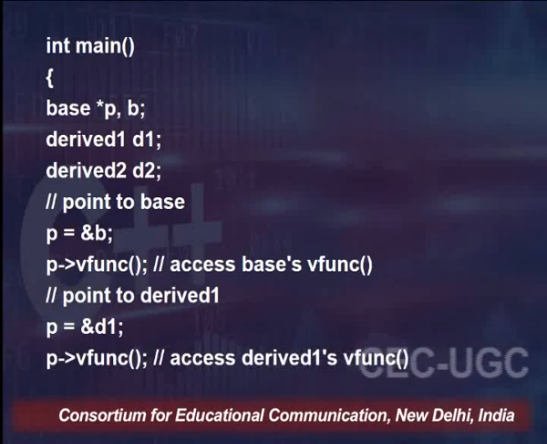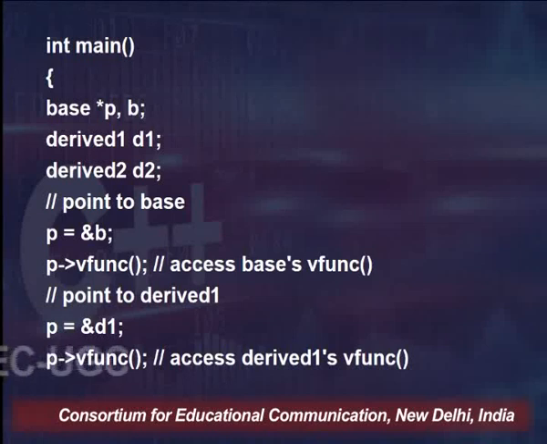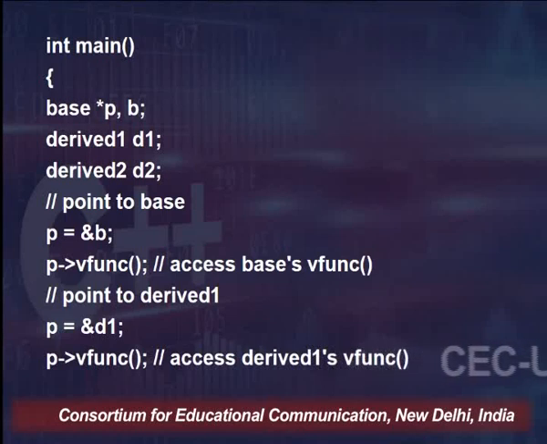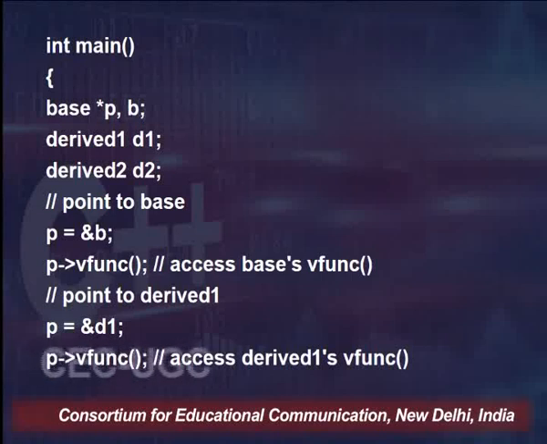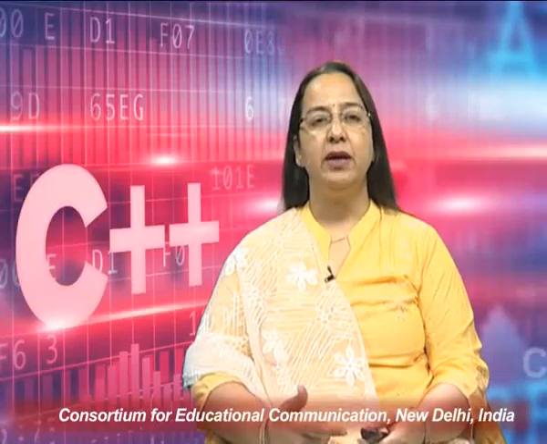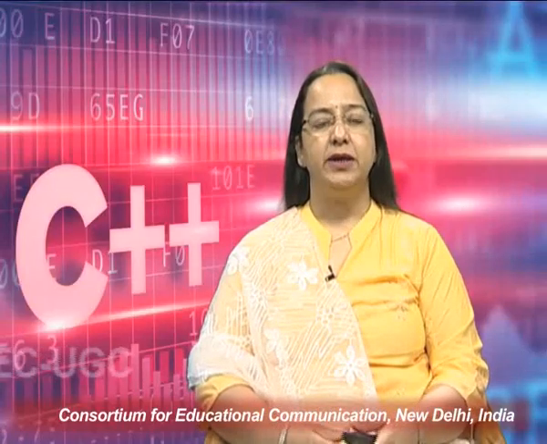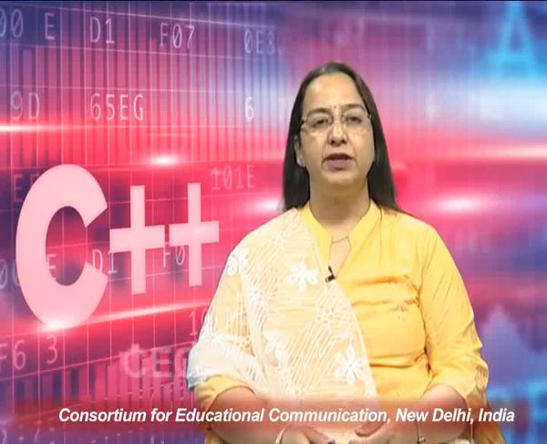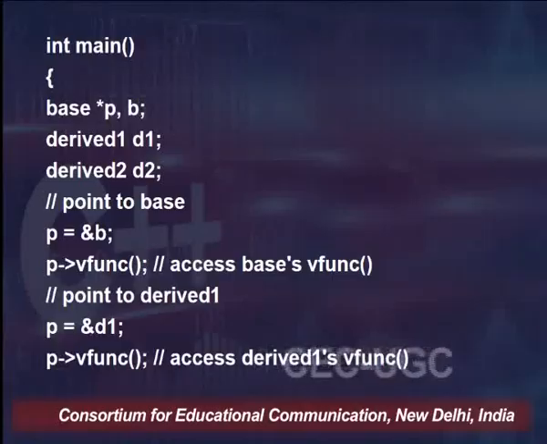Now, what is happening? We have p as the pointer and we say p is equal to ampersand b. That means this time p is pointing towards the object of the class base, and in the next statement we are trying to call the VFunc using the p pointer through the arrow operator, p arrow VFunc.